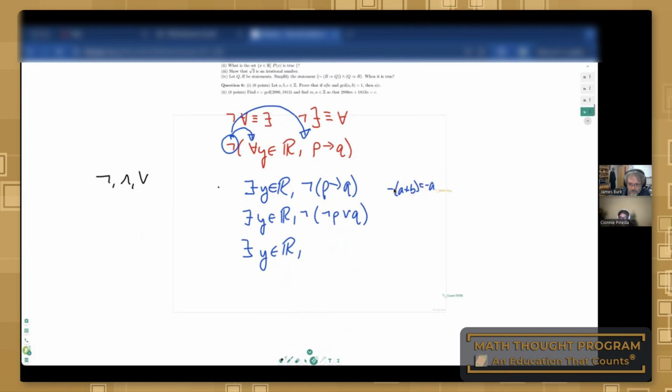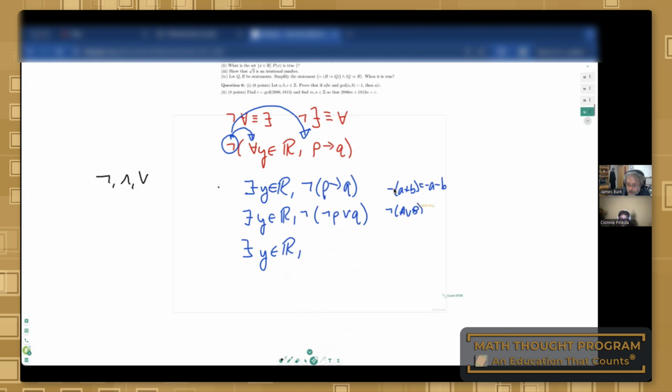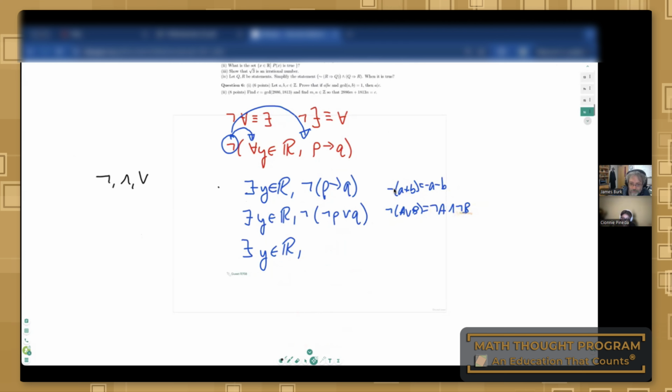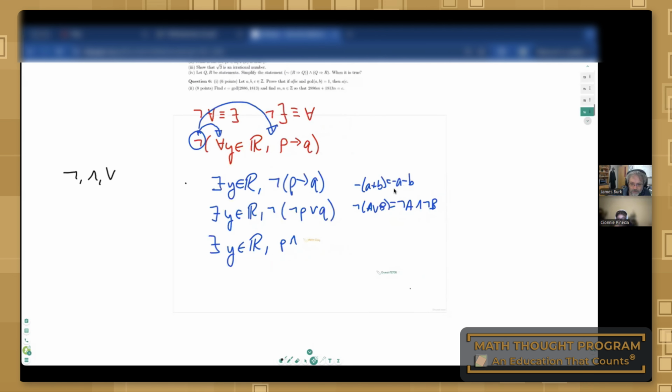De Morgan's rules take the negation, and the or becomes and, and you negate each part: not P and the negation of Q. And this would be the negation of the statement above.